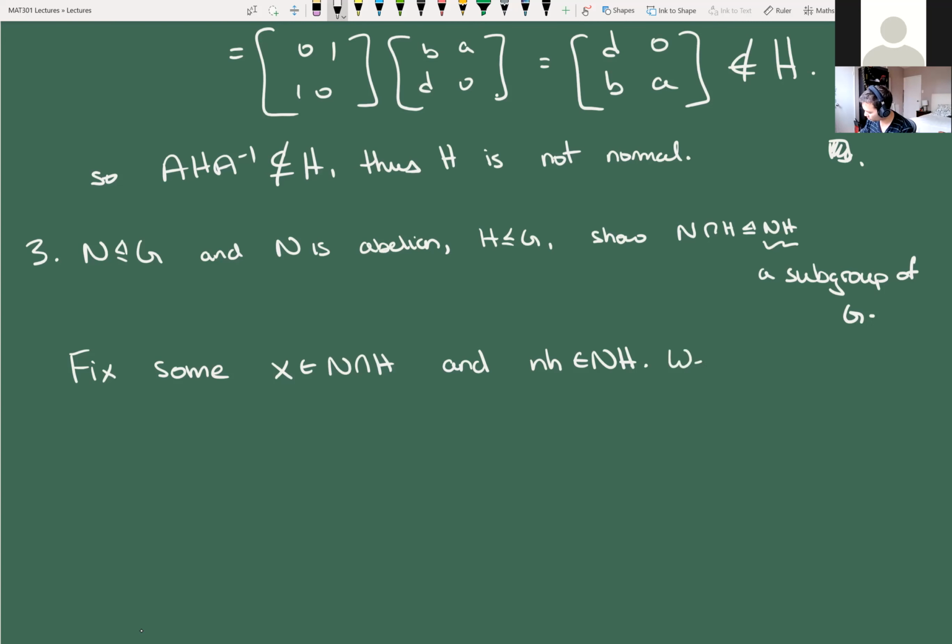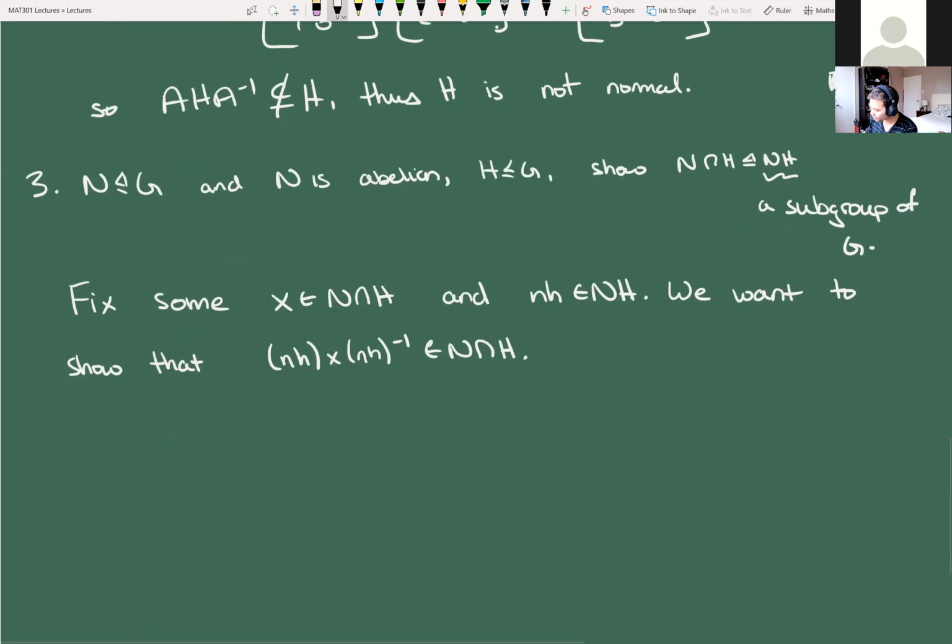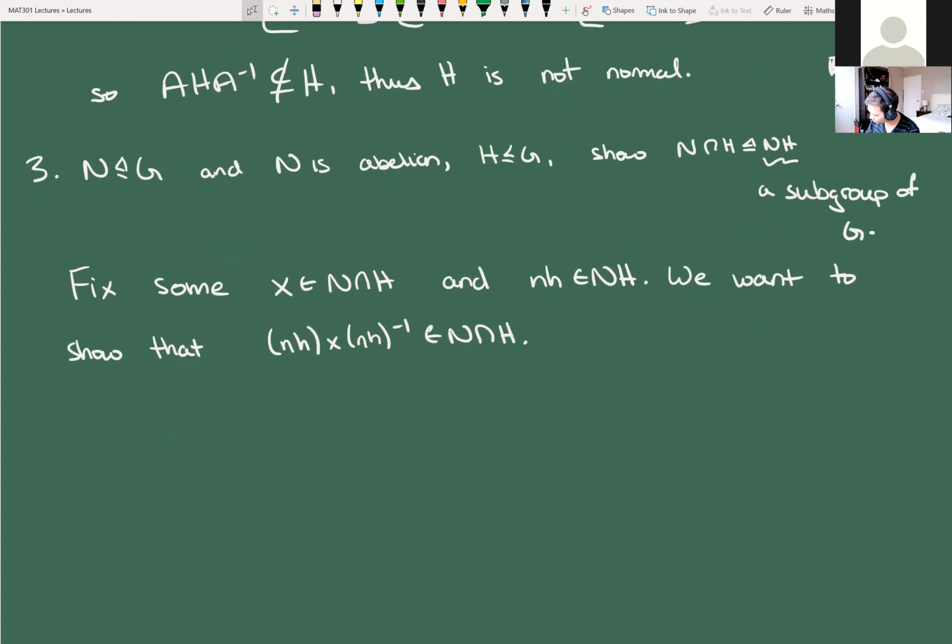So we want to show that nh x (nh)^-1 is in N intersect H. That's the definition of what it would mean for normality. If I can do this for every x and every nh, then we're good. So let's play with this thing and see what we have here.